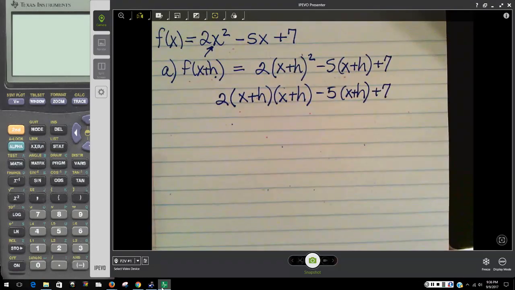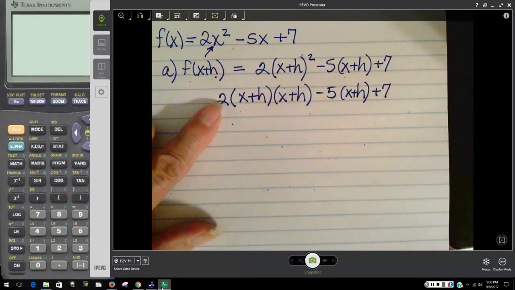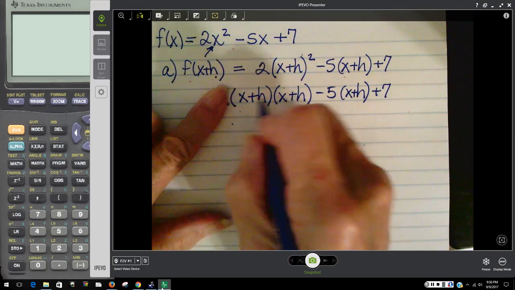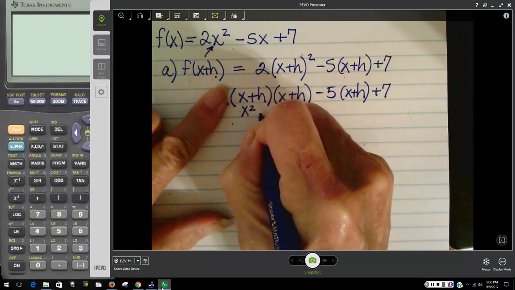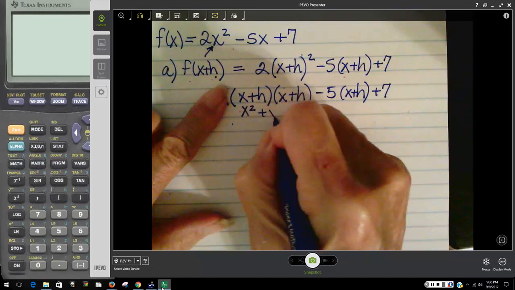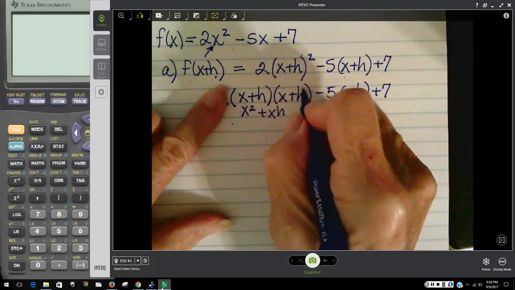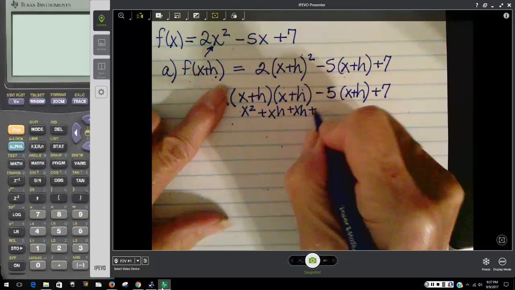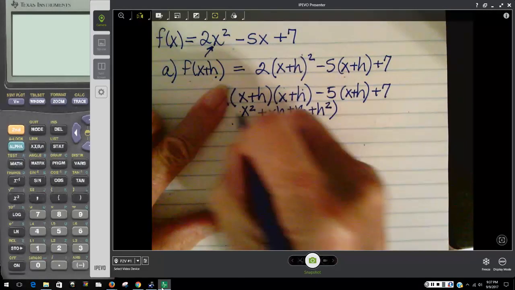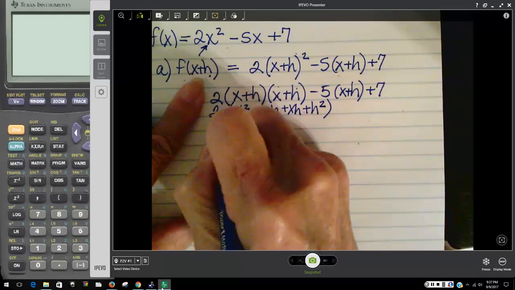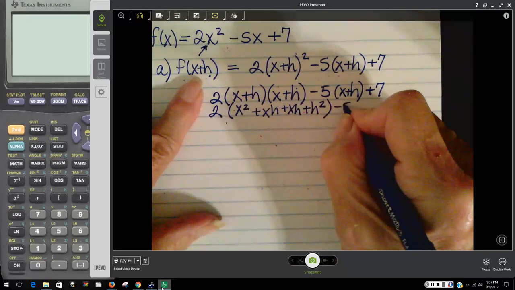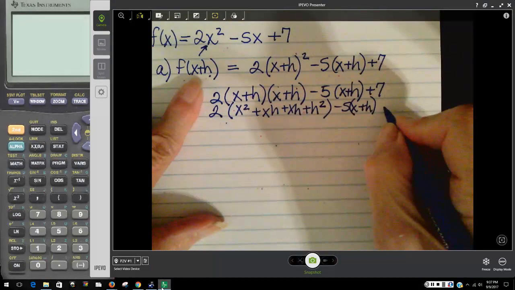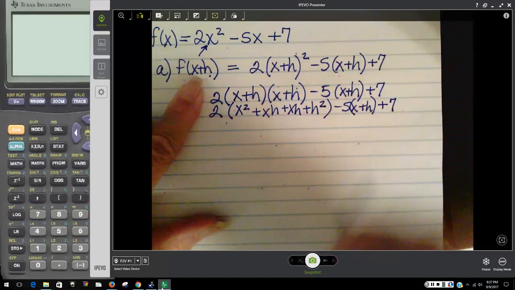So when you square this quantity, we're going to ignore the 2 for the moment. You have x times x is x squared, plus x times h is xh, plus x times h is xh, plus h squared. And all of that is multiplied by 2, minus 5 times the quantity x plus h, plus 7.